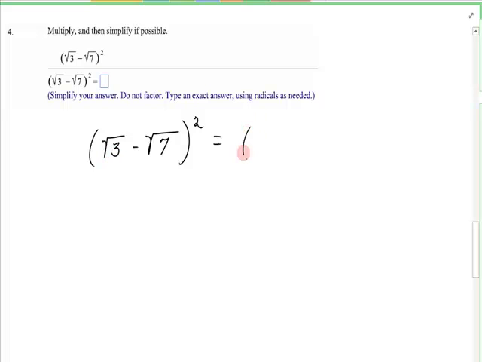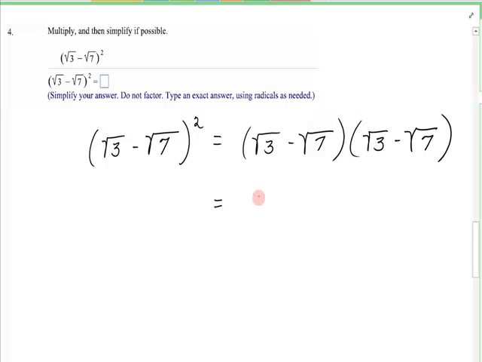If you want to, you write it out twice. Square root of 3 minus square root of 7 times square root of 3 minus square root of 7. Most people end up doing that. The product of the first, square root of 3 times the square root of 3 is 3. That's the first.